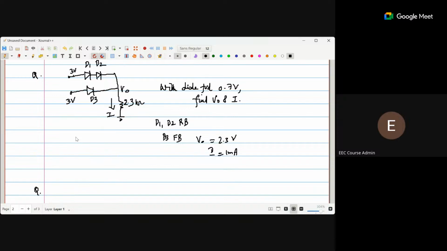What happens if one of them is reverse biased? It will not pass current, correct? Yes, ma'am. But is it possible, ma'am, for having one diode reverse biased in the case when one of the diodes is ideal?